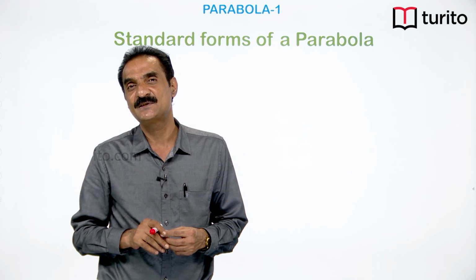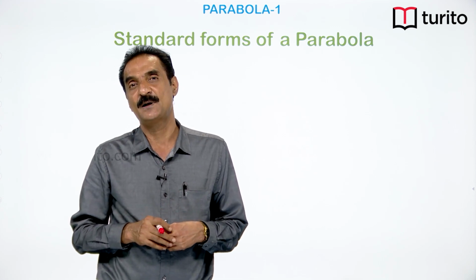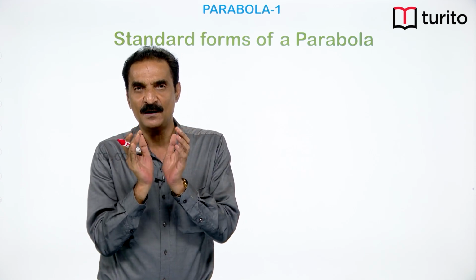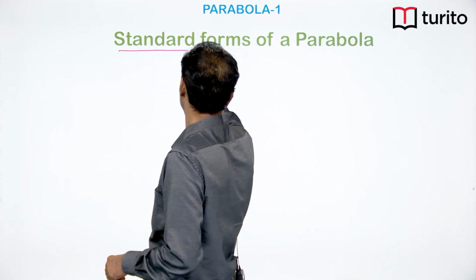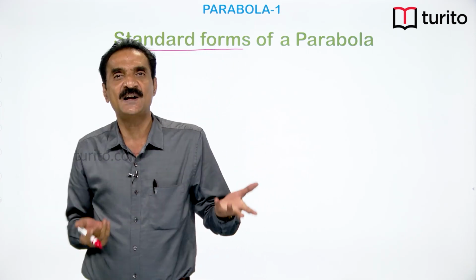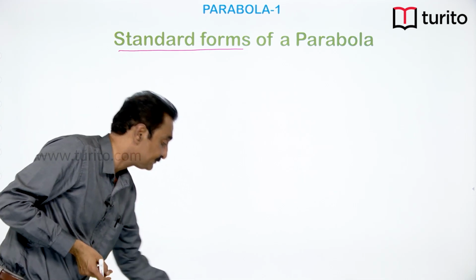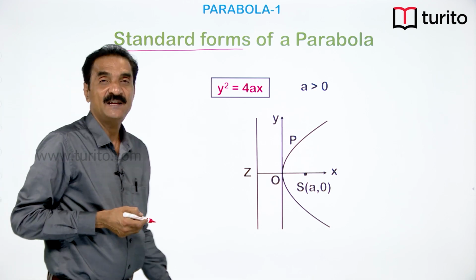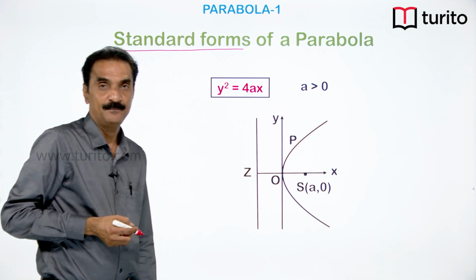So, what we do is, in order to study the properties of a parabola, we derive a simple equation of a parabola, that is called standard form of a parabola. There are different standard forms. Let us discuss one by one. y square is equal to 4ax is called standard form of a parabola.